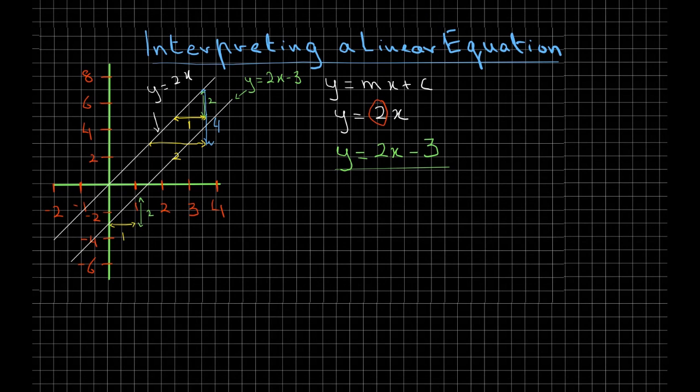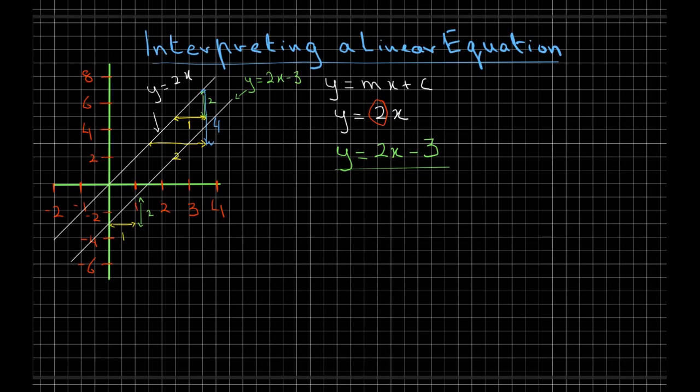If I move forward by 2 units, I move up by 4 units, because I go from minus 3 to 1. So the ratio of the change in y to the change in x stays the same, still 2, and that's important.